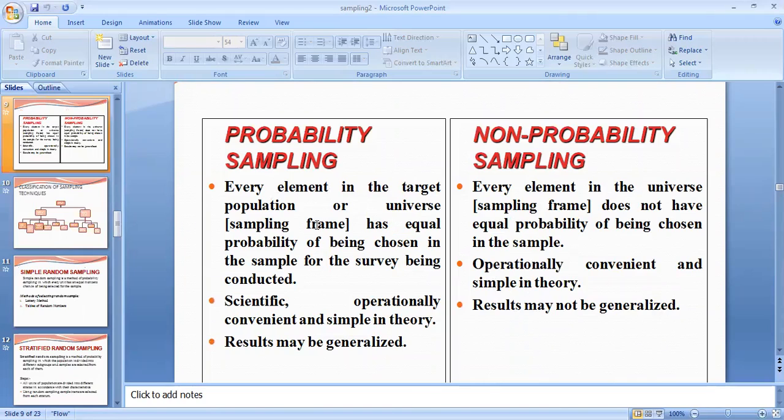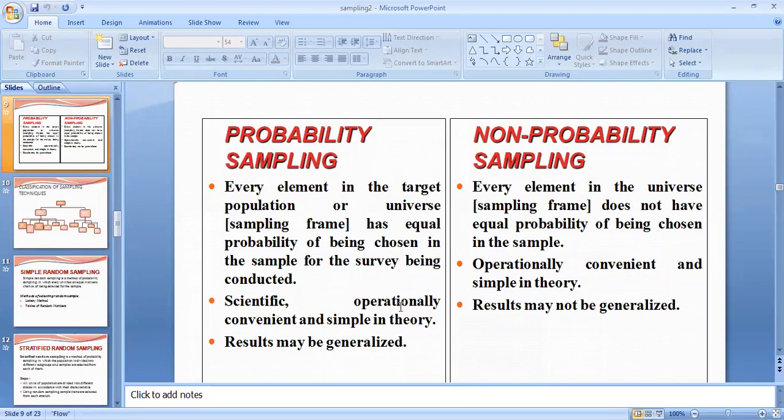In probability sampling, every element in the target population, meaning the universe or sampling frame, has an equal probability of being chosen in the sample for the survey being conducted. On the other hand, in non-probability sampling, every element in the universe or sampling frame does not have an equal probability of being chosen in the sample.